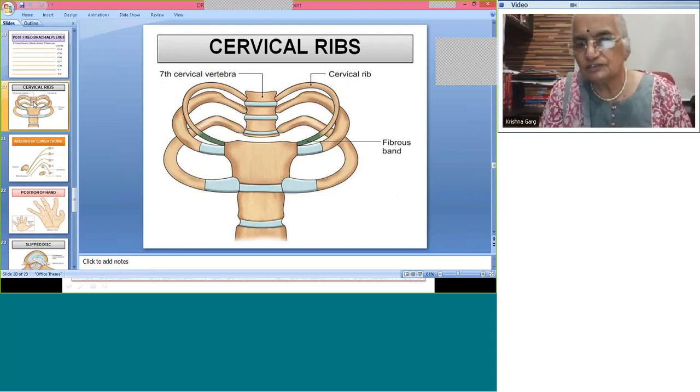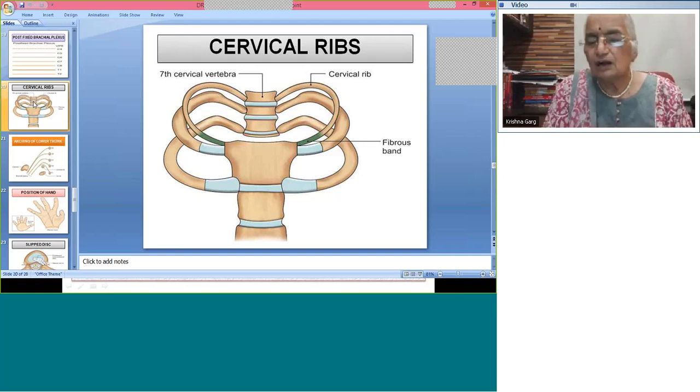Since the thoracic inlet becomes higher in these cases, the subclavian artery and especially the lower trunk of the brachial plexus have to be arched and come over to the axilla.